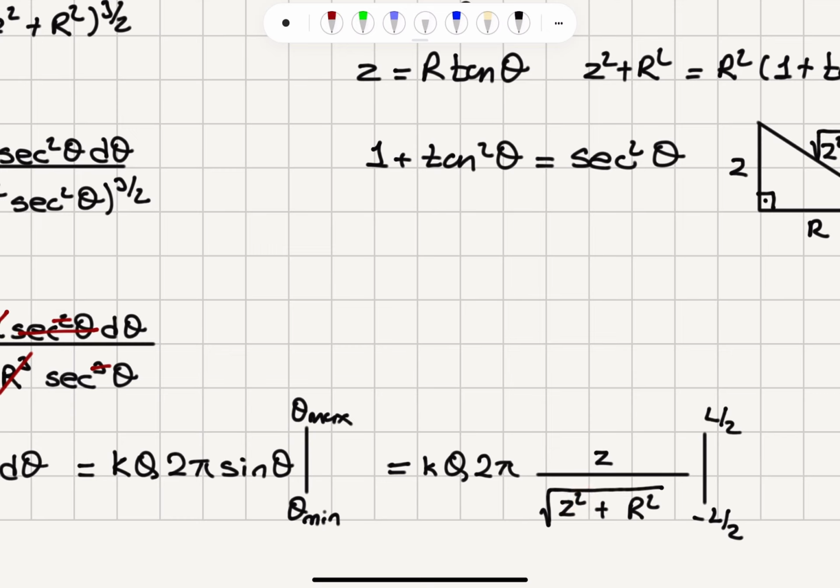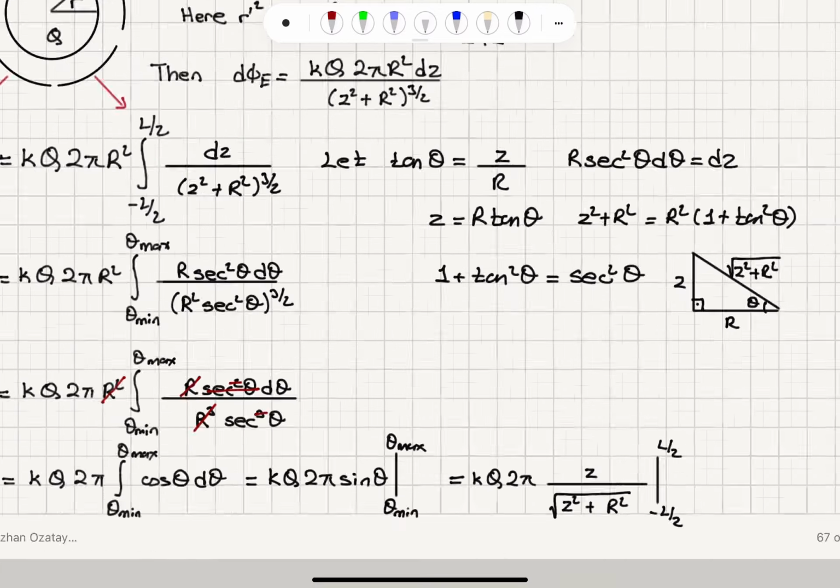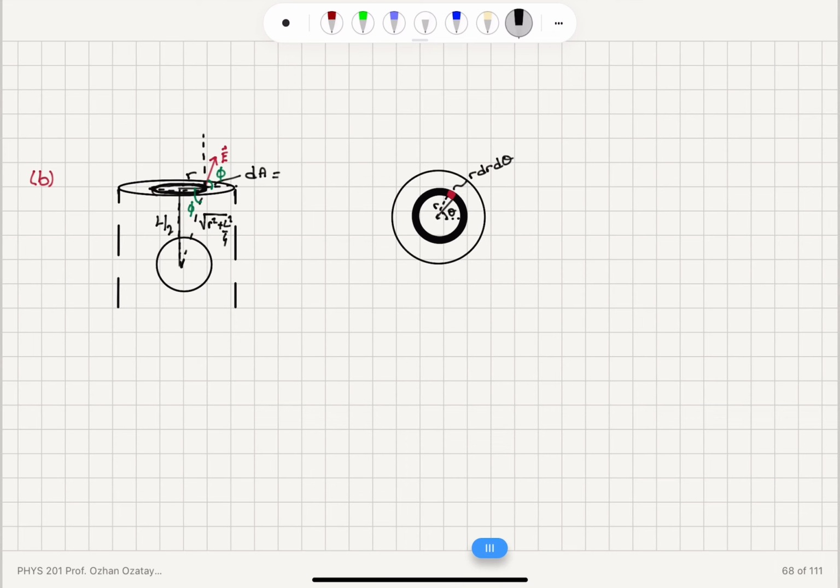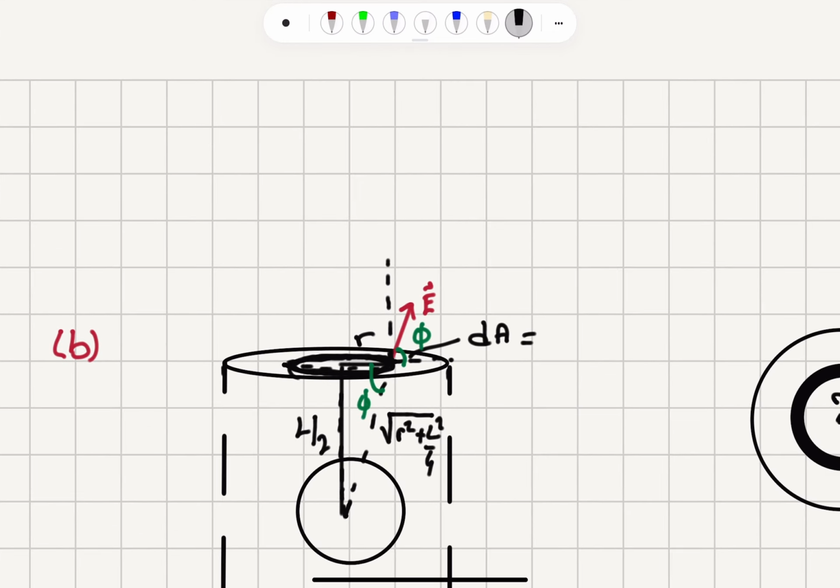The denominator will be the same. There's just going to be a minus sign because I'm subtracting the evaluation at the minimum value from the maximum value. This is going to give me the following answer.